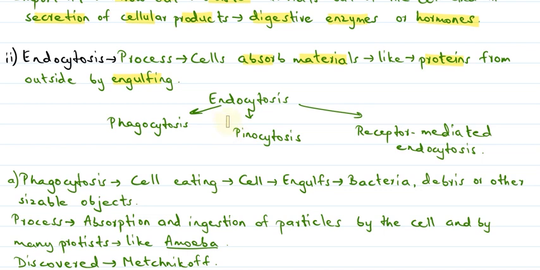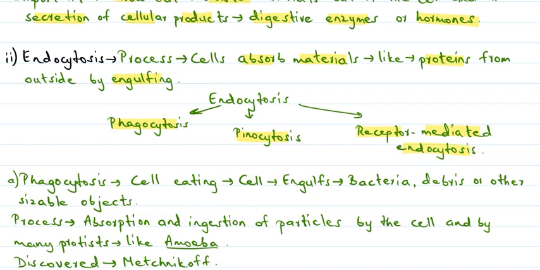Endocytosis can be further divided into three types, and this classification is based on the nature of the absorption of materials. The three types of endocytosis are phagocytosis, pinocytosis and receptor mediated endocytosis.